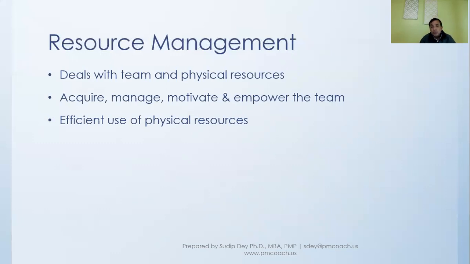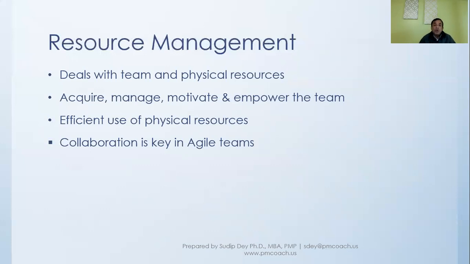When it comes to resources, we have to ensure that there is an efficient use of physical resources, and we'll talk about this a little bit. And then finally, when we look at agile teams, we have to realize that in agile approach, collaboration is the key.